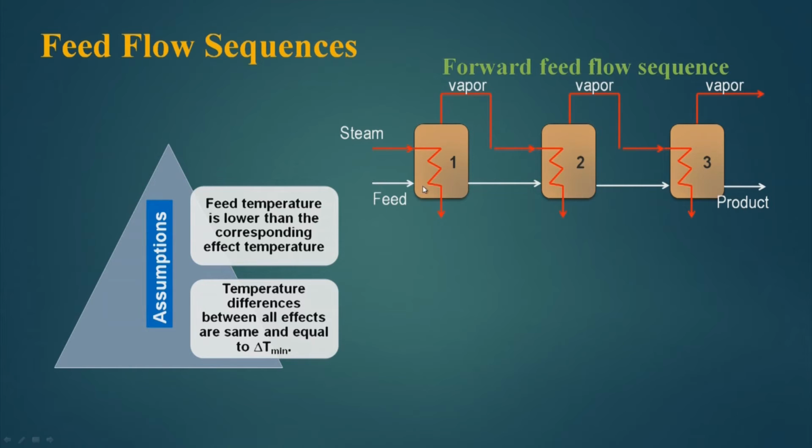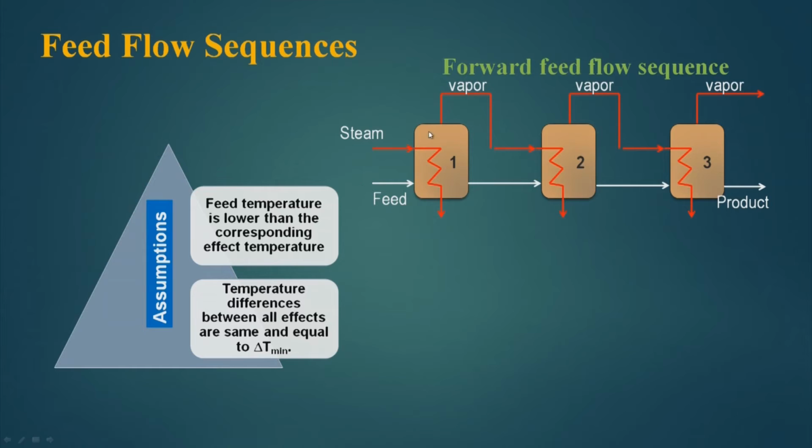Feed is injected into the first evaporator. The vapor from the first evaporator goes to the second evaporator for heating and comes out as condensate. Then vapor from the second evaporator goes to the third evaporator for heating, comes out as condensate, and the vapor from the third evaporator is cooled by the cold utility or cooling water.